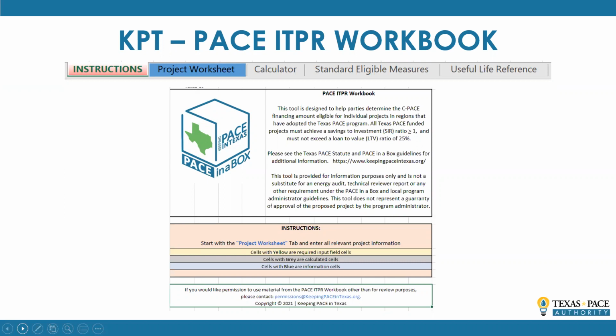By putting in certain variables, it will calculate for you whether a project meets the requirements. As stated in the first paragraph in the workbook, projects have to achieve a SIR, a savings to investment ratio, equal to or greater than 1, and they can't exceed the maximum LTV, now 25%. It'll calculate all that for you.